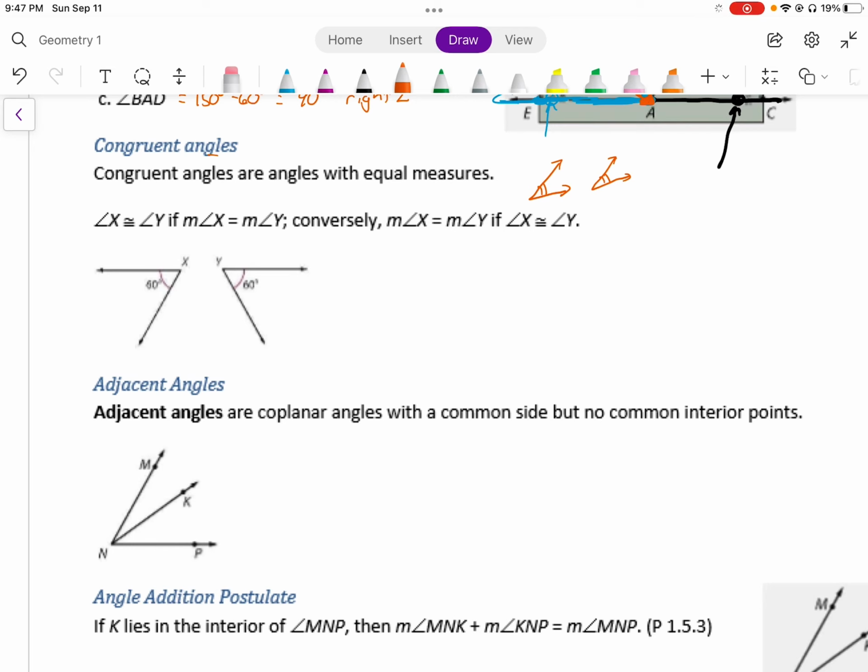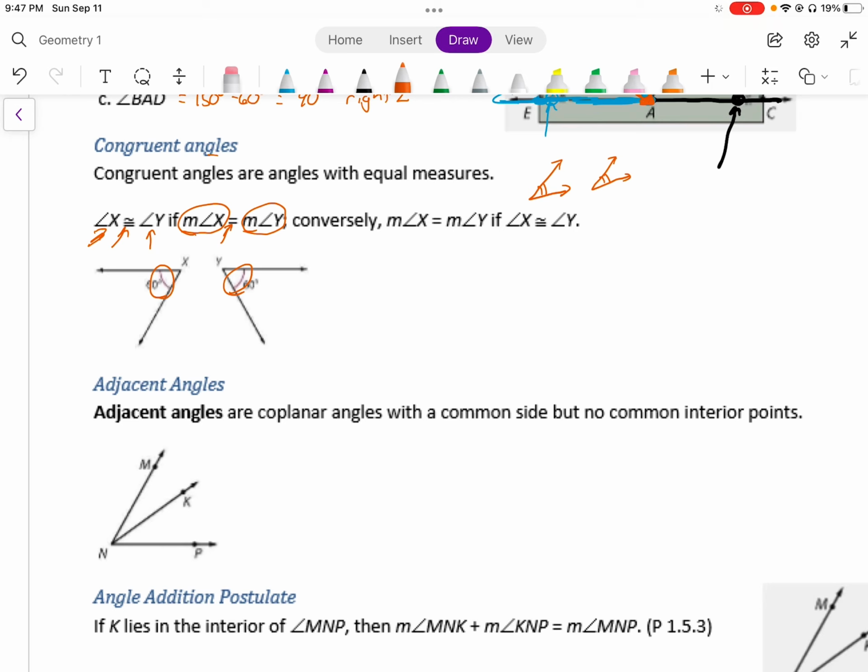Again, objects are congruent or can be congruent, whereas measurements are equal. So we see that again here. This is talking about the object angle X and the object angle Y. They're congruent to each other, whereas measurement of angle X and measure of angle Y are equal to each other. Notice down here, these are both marked the same with the same arc.